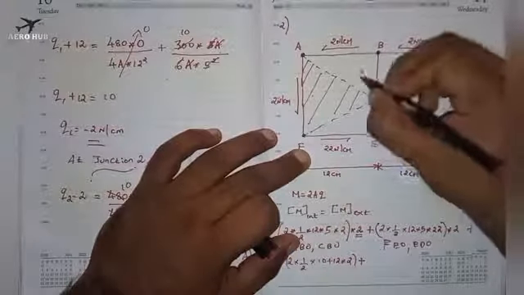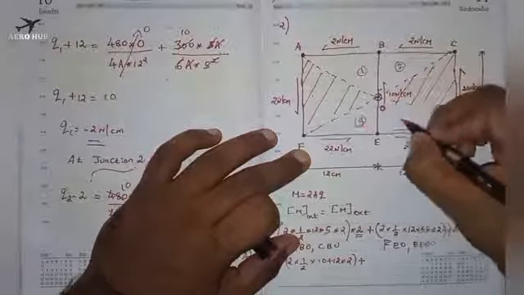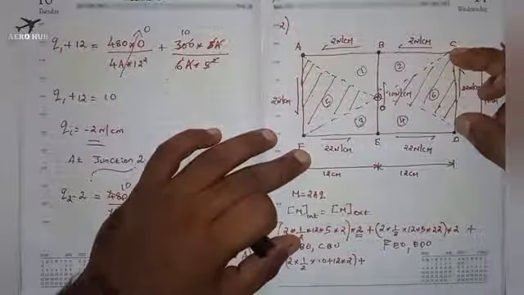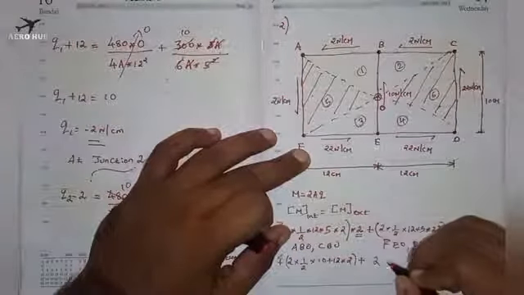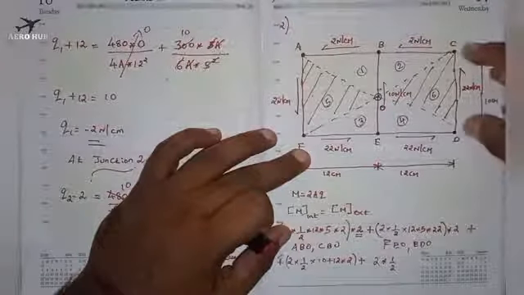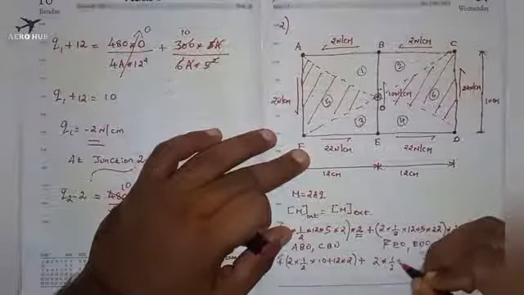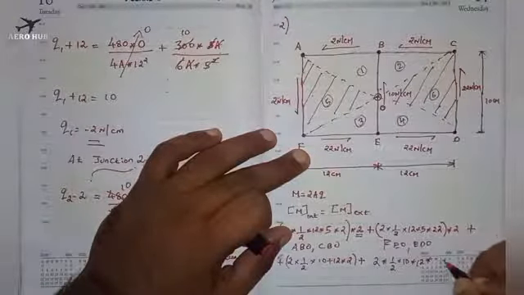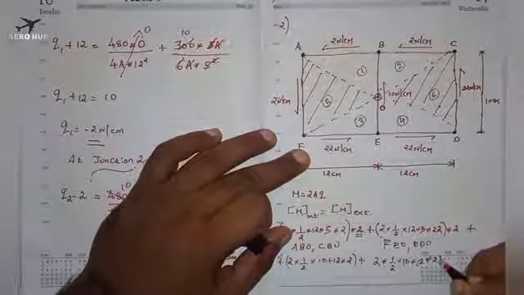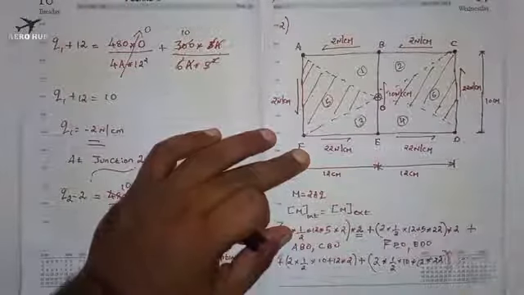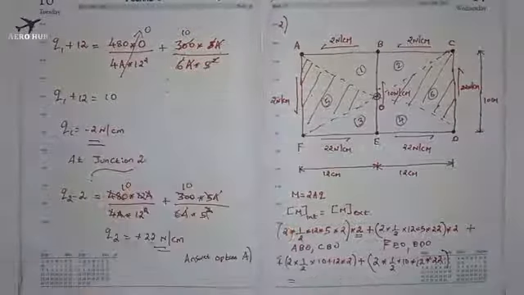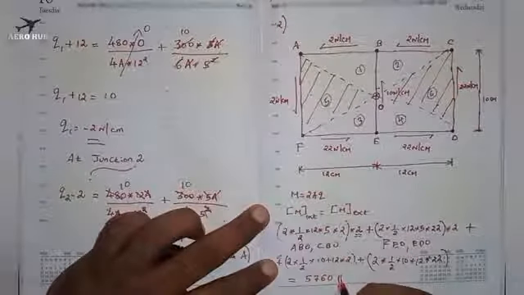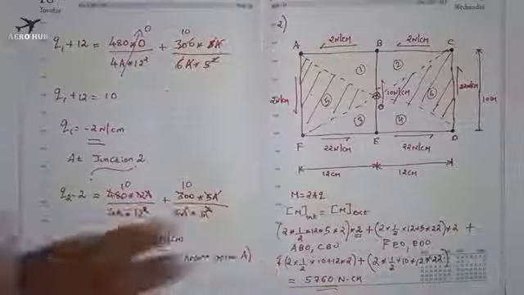We have done 1, 2, 3, 4, and this one is the 5th triangle, and this one is the 6th triangle. 2 times the area is half into base 10, height 12, and the shear flow is 22. If you calculate, you will get an answer of 5760 Newton centimeter. This is the value you are getting.